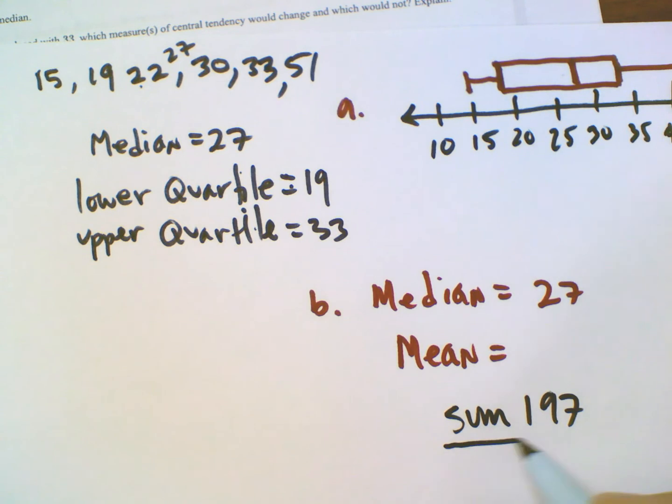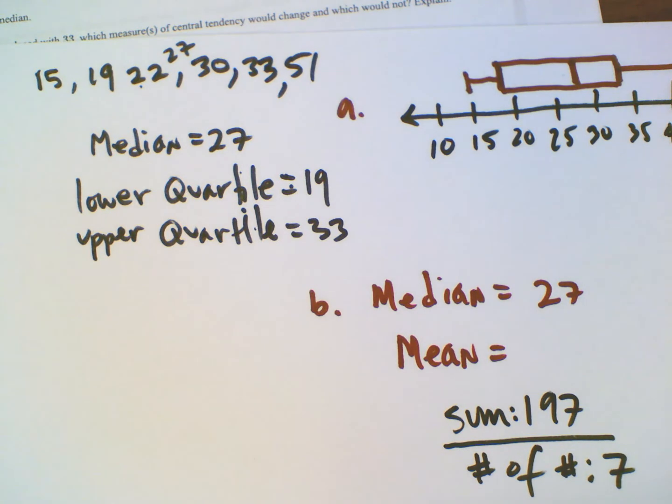And then I take that sum and I divide. So I take the sum and divide by the number of numbers, which is 7. So I take 197, divide by 7. So my mean is 28.14. We'll round to the nearest hundredth. So 28 and 14 hundredths.